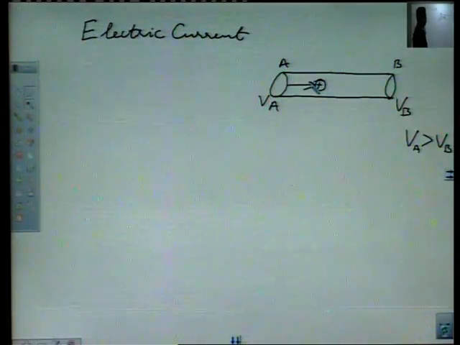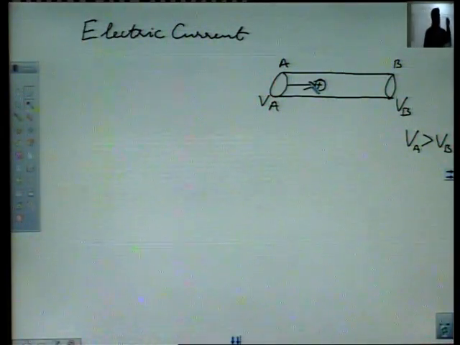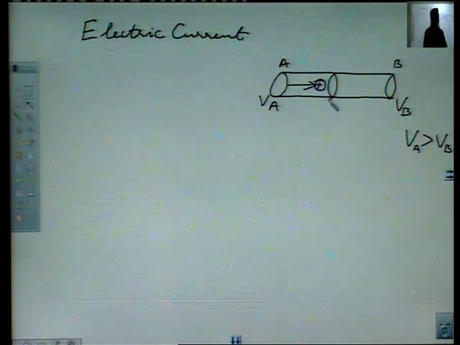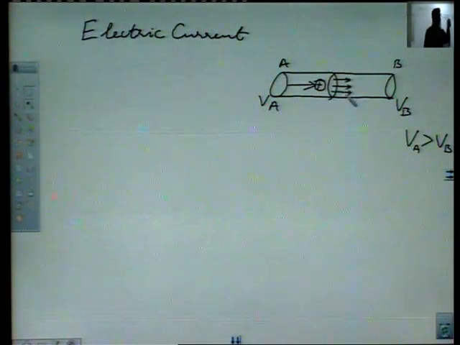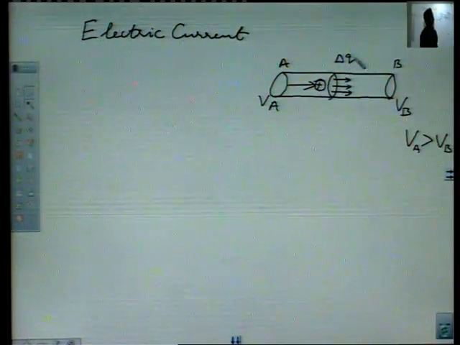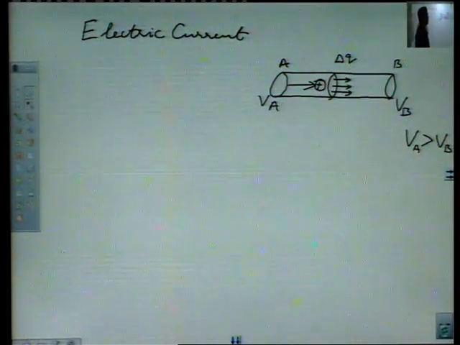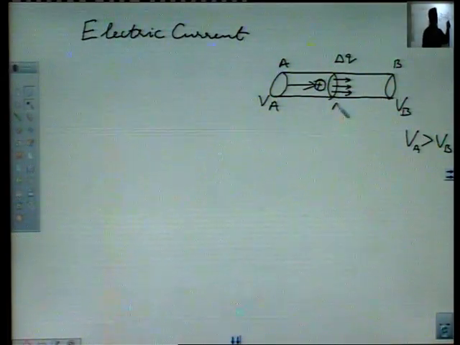And how is it defined? Suppose I consider a cross section of this conductor, and through this cross section of the conductor, the amount of charge delta Q flows in time delta t.